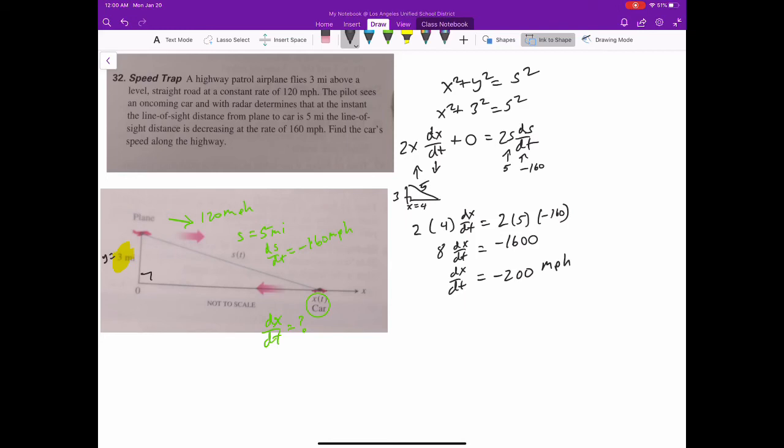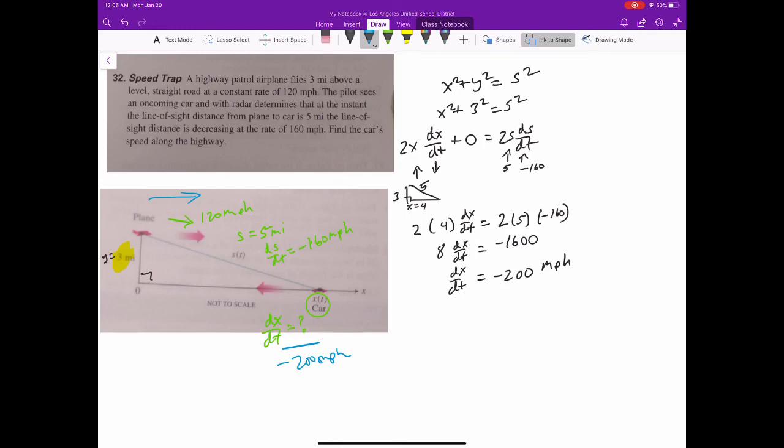So we found how fast the car's position is changing in the x direction. It's 200 miles per hour, heading toward the plane. So the car's not driving at 200 miles per hour. Just as a reminder, the plane's going this way at 120. The car's going this way at negative 200 miles per hour.